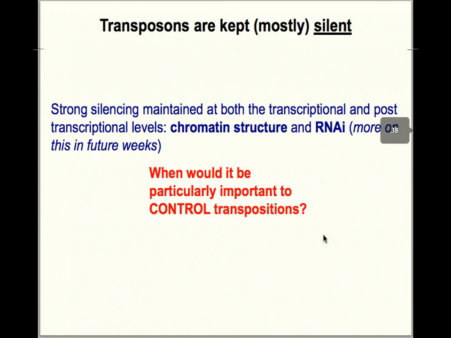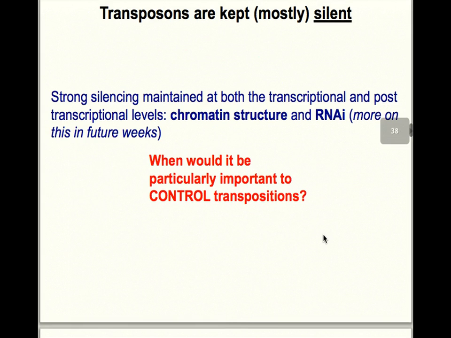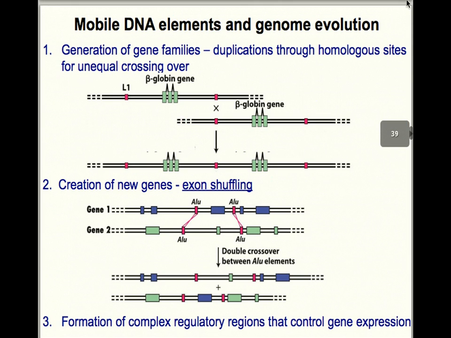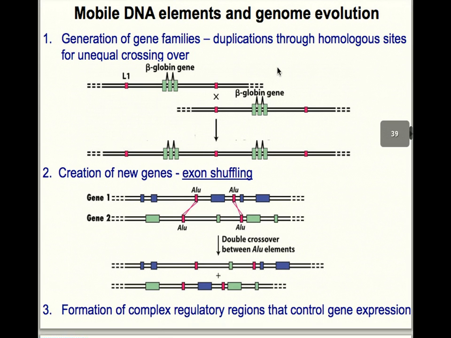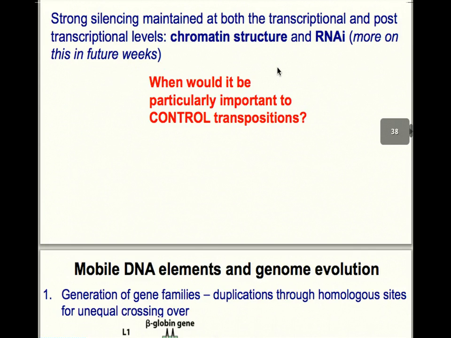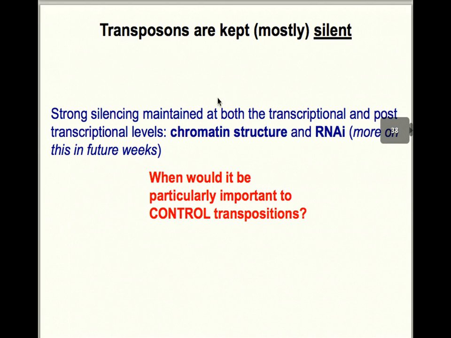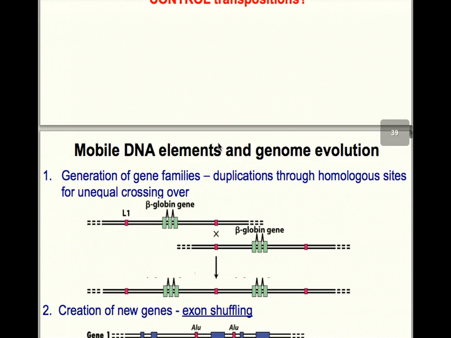So although transposons can have benefits, which are right here, they can also cause problems, and that's why transposons are largely kept silent through chromatin compaction and RNA interference, which just kind of prevents the transposon genes from being expressed.